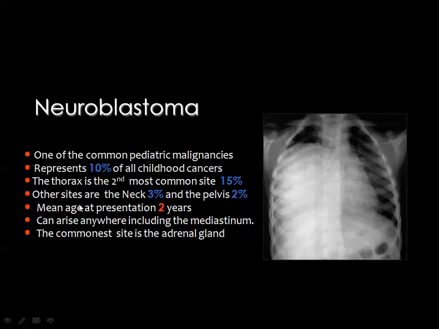Neuroblastoma represents about 10% of childhood cancer, and the thorax is considered the second most common site for neuroblastoma after the adrenal gland.